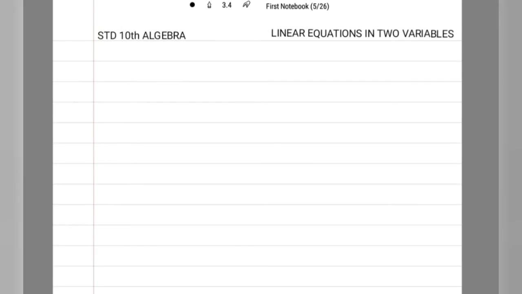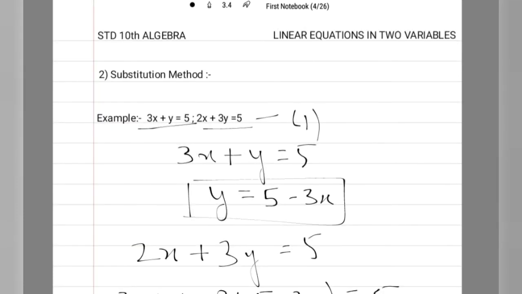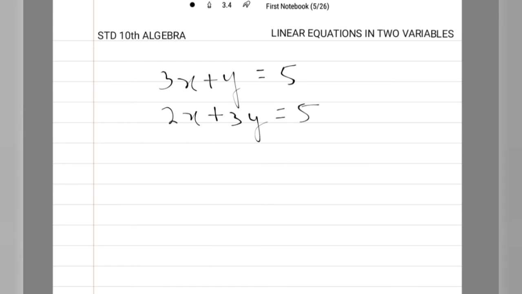The first equation was 3x plus y is equal to 5, and the second equation was 2x plus 3y is equal to 5. So these were both equations, and according to elimination we need to make the coefficients equal.